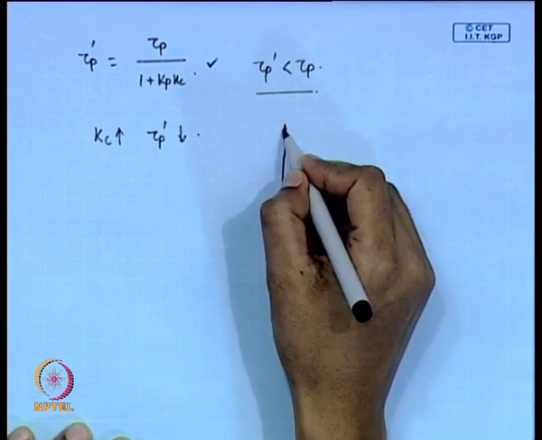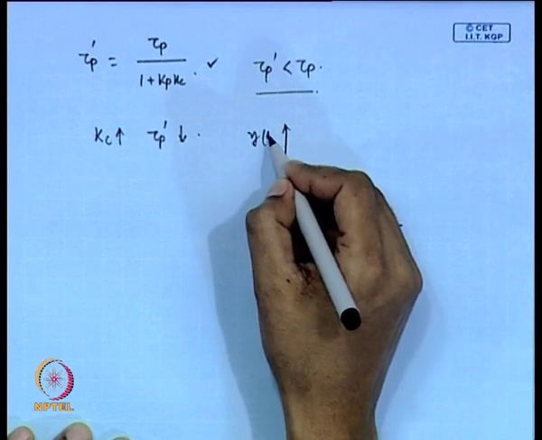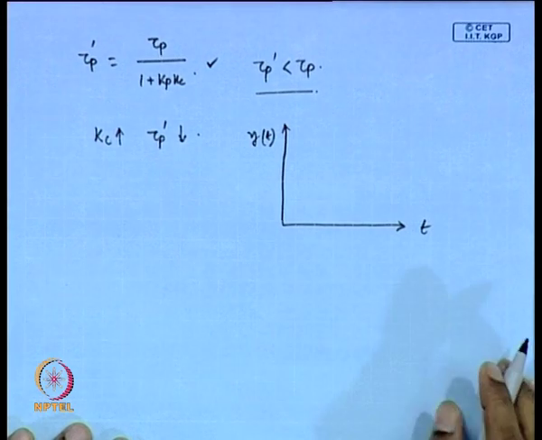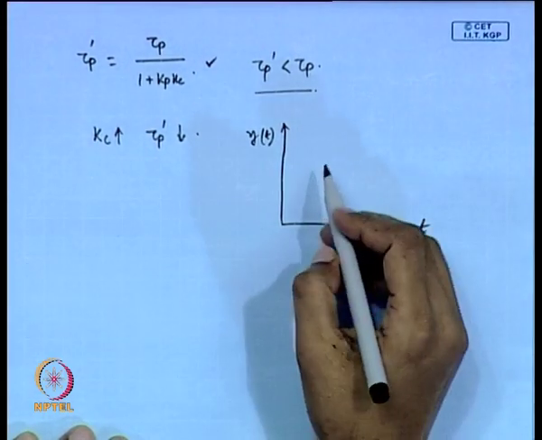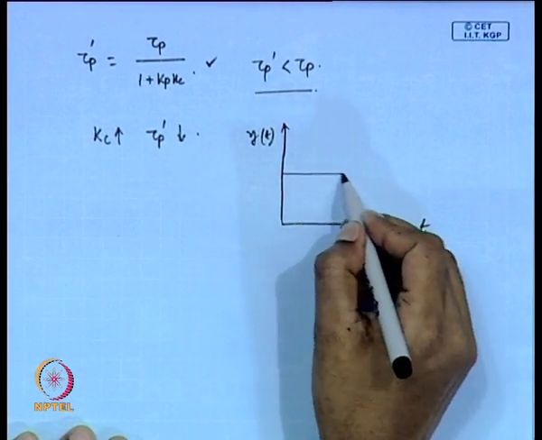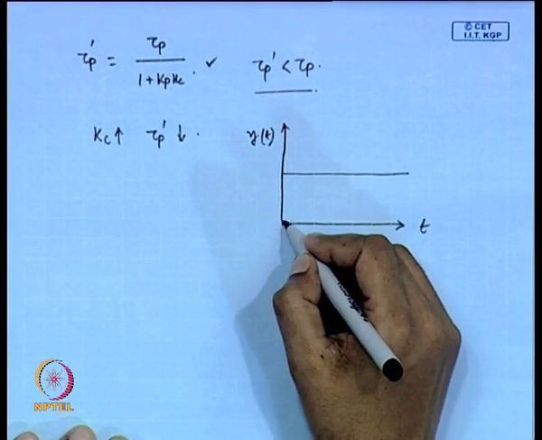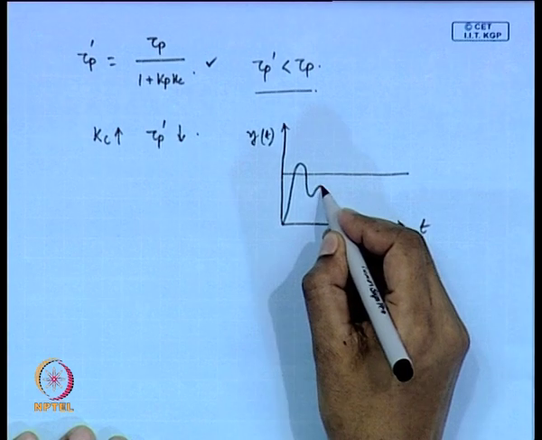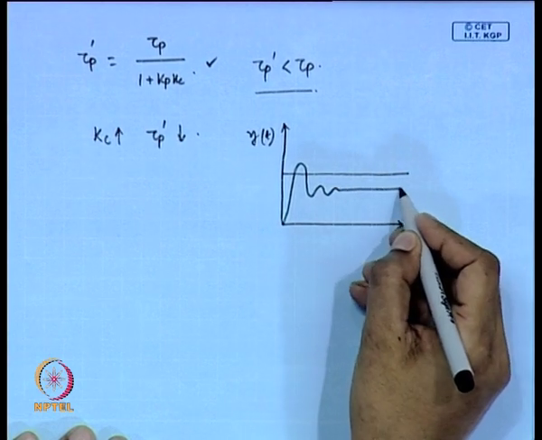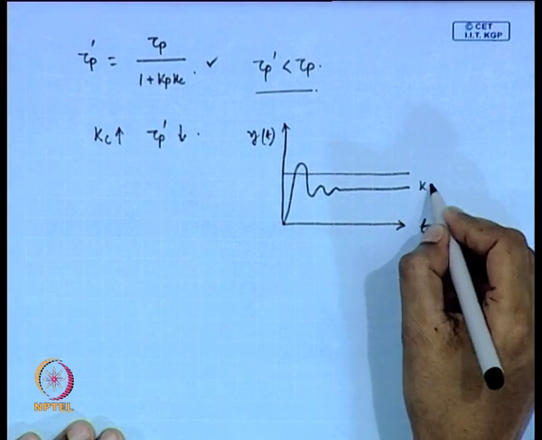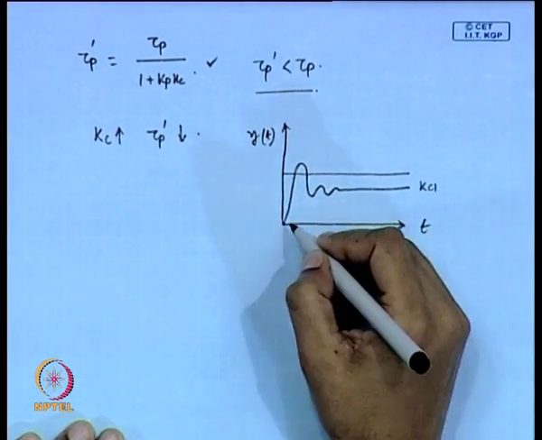So, if you recall this plot, which includes the process response under different K_c value.